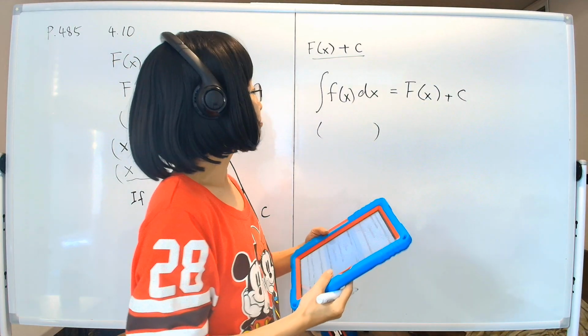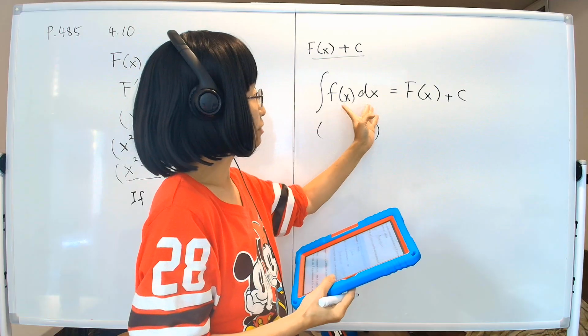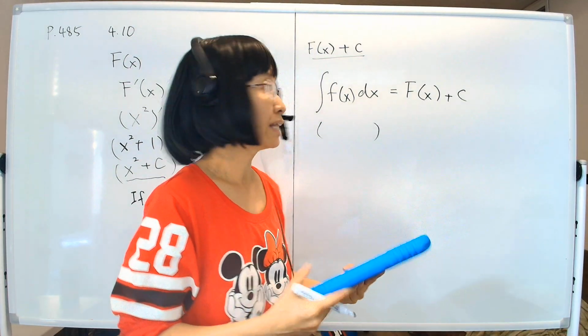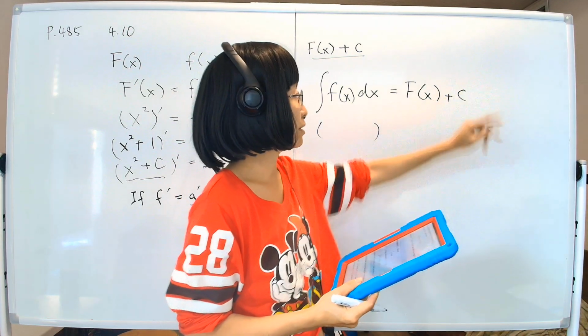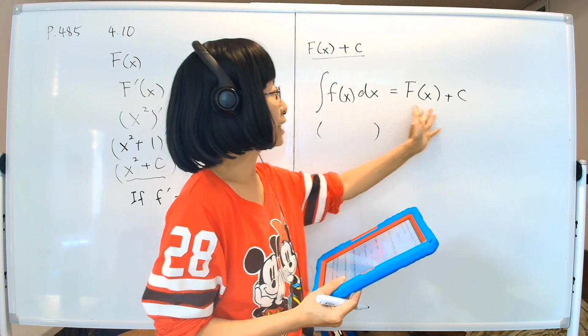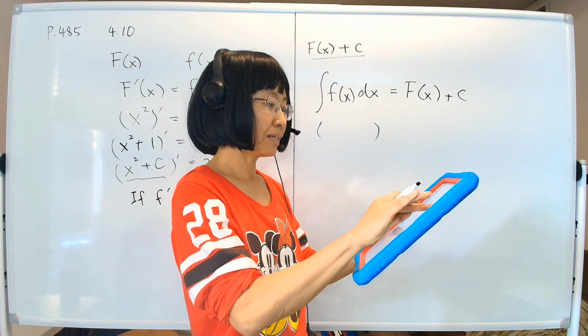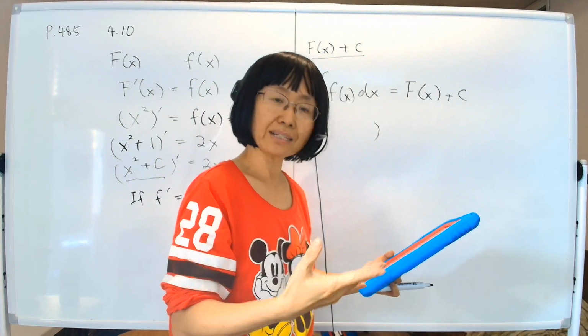The antiderivative doesn't care about the constant. The indefinite integral includes the constant so that we're sure that, because when you take a derivative, the constant disappears. So anything with the constant will work as the antiderivative, to reach f of x when you take the derivative.